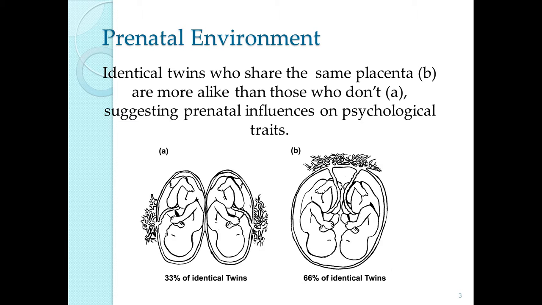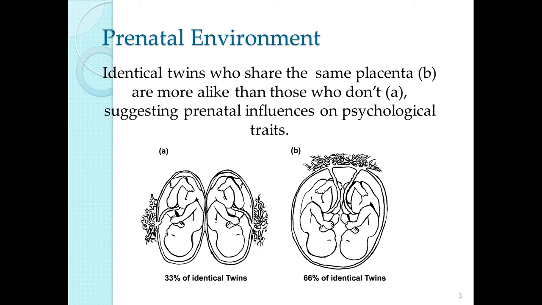So if a third of identical twins don't share a placenta, and two-thirds do, we can look at some differences in their personality characteristics and their behavioral traits, and also in many other physical traits, and determine more of that relationship between what percentage of any given trait is attributable to the environment or those genetic components.